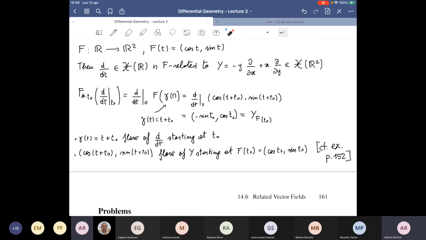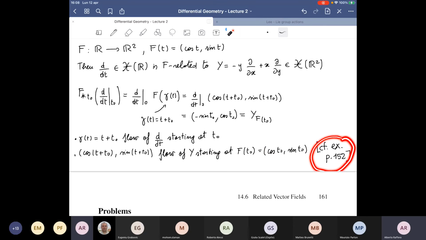And so, as you can see from this example, what we showed is that this vector field on the real line is related to this vector field on R2 by means of this smooth map F, and this smooth map F maps precisely the flow of the vector field d/dt starting at t0, which is this curve, to this other curve, which is precisely the flow of Y starting at the point (cosine of t0, sine of t0).